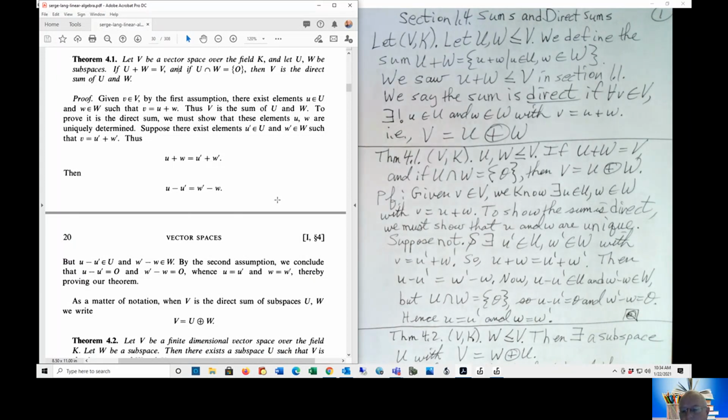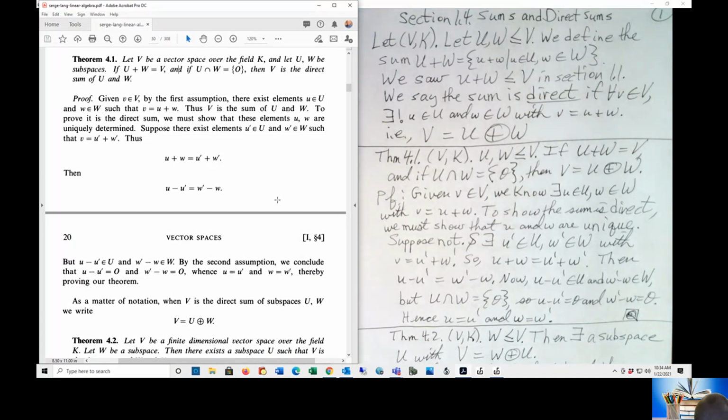Start with an arbitrary vector v in V. We know that V is the sum of U and W, so there exist vectors u in U and w in W with v equal to u plus w. But to show the sum is direct, we have to show that these two vectors, u and w, are unique. That is, that they're the only ones.